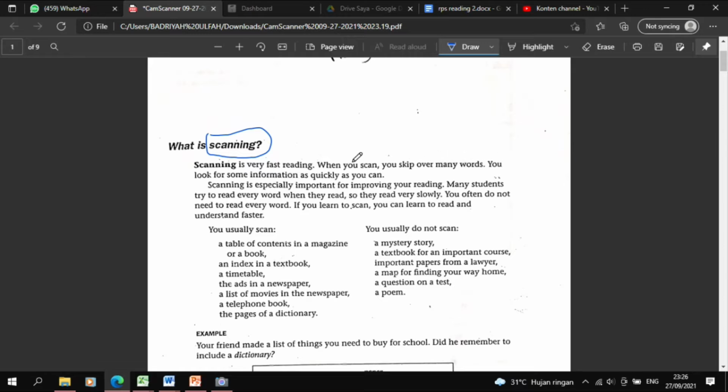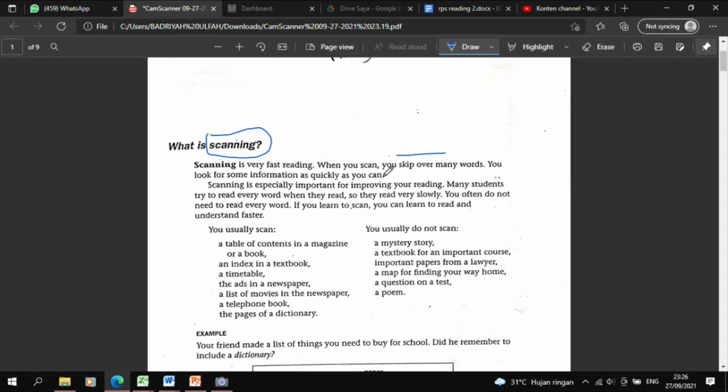When you read and do scanning, you just read fast, and you don't need to read the text one by one. The tip is to skip over many words. You look for some information as quickly as you can, because mostly the question that comes in the test, or that you need to find in the text, is a very specific one.